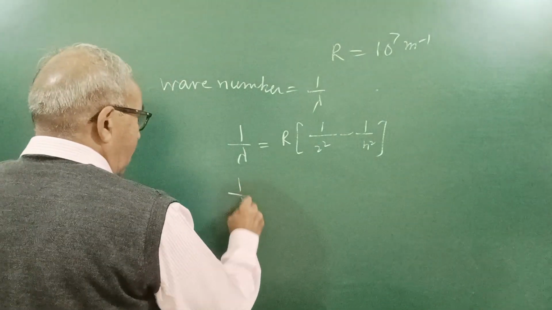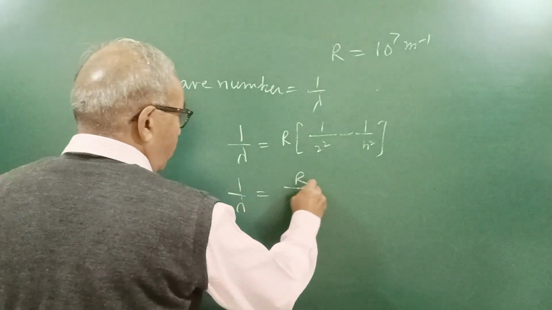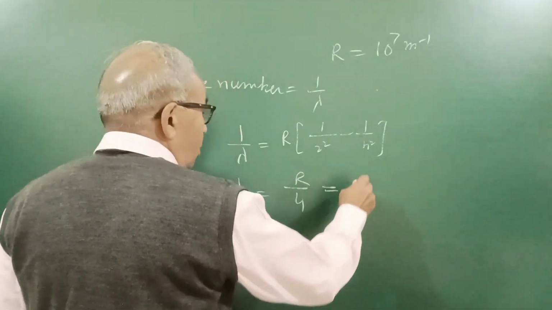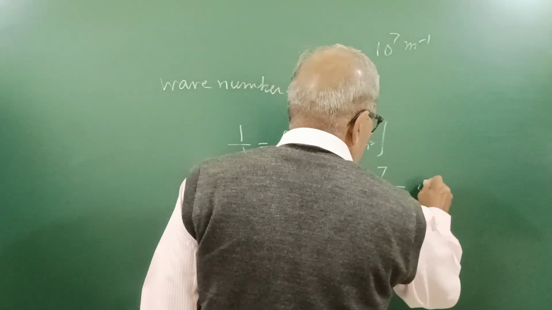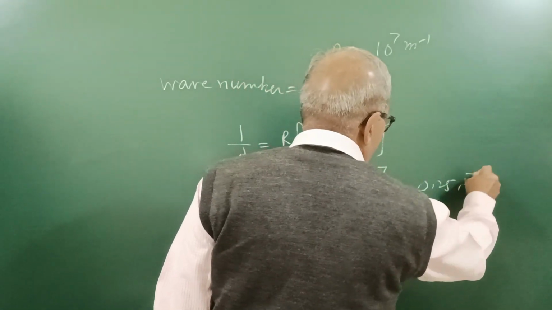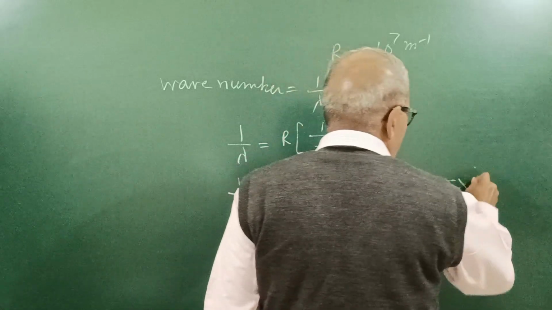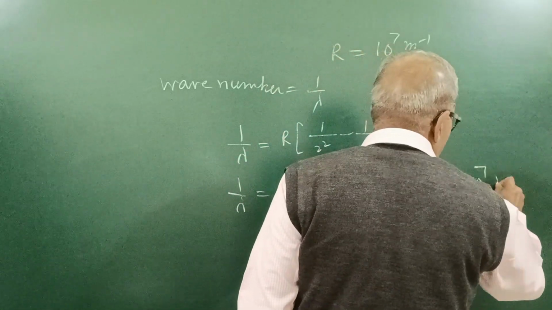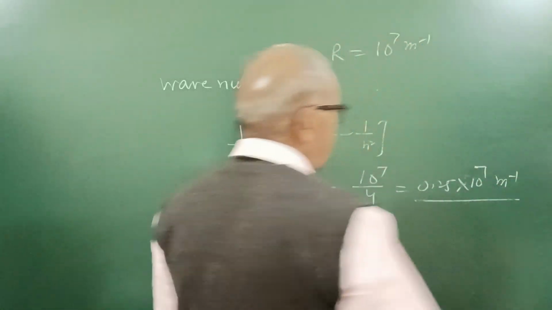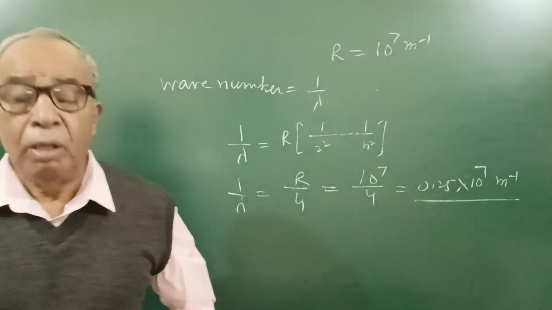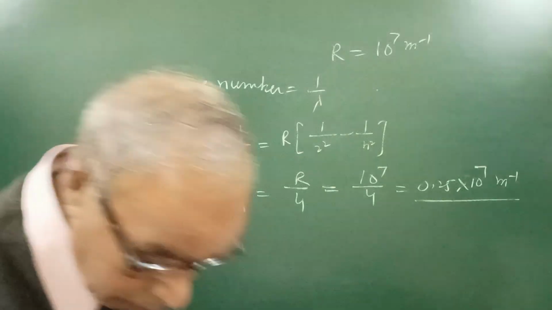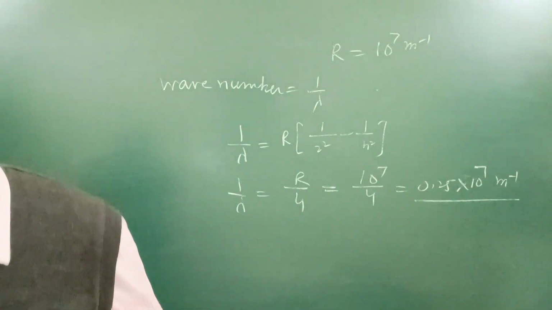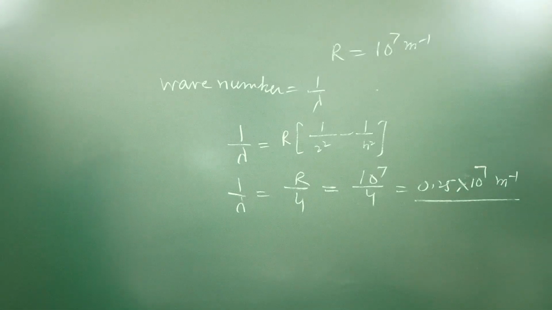So 1 upon lambda is equal to R upon 4, which is 10 to the power 7 upon 4, that is 0.25 times 10 to the power 7 per meter. It is the wave number of the last line of Bohr series.